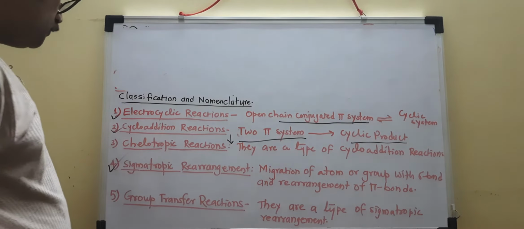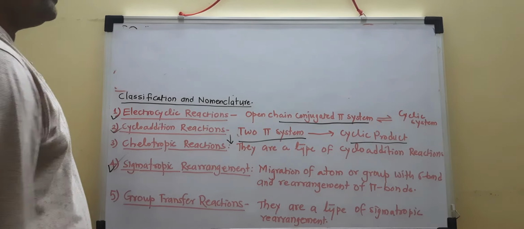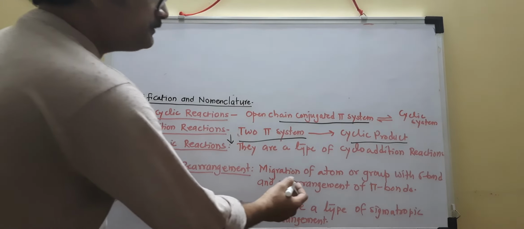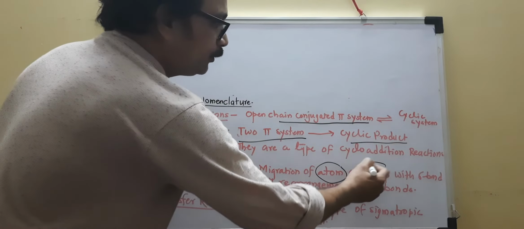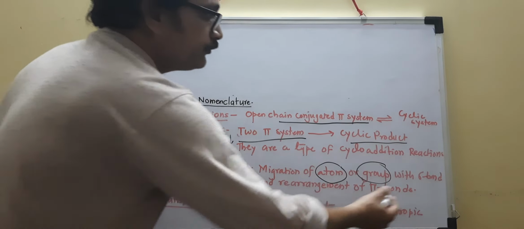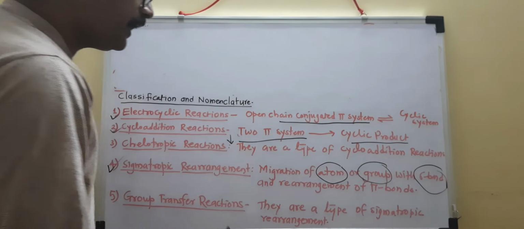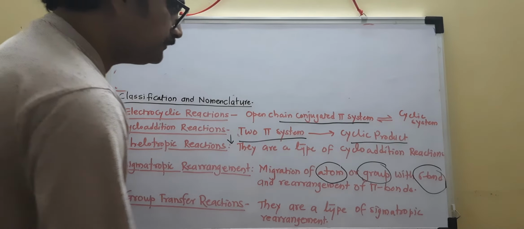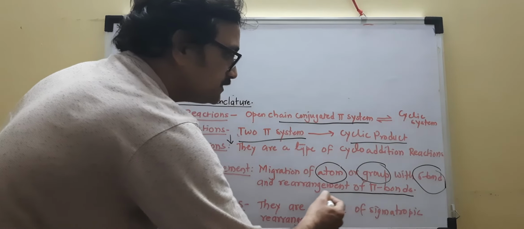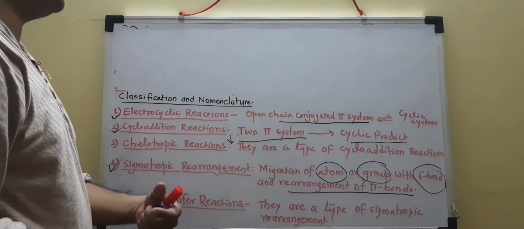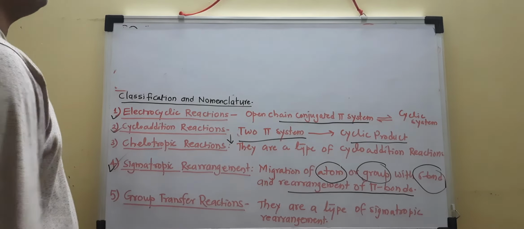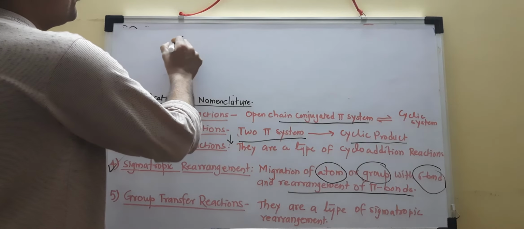Then the third type is sigmatropic rearrangement. What happens here is there is a migration of an atom or a group within the molecule with a sigma bond, and during that migration the pi bond system gets rearranged. This is called sigmatropic rearrangement.